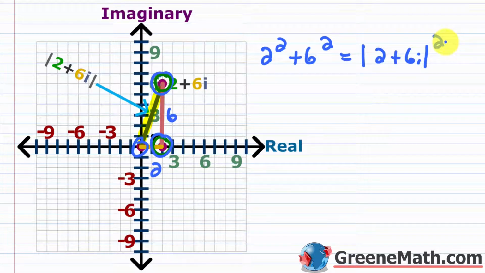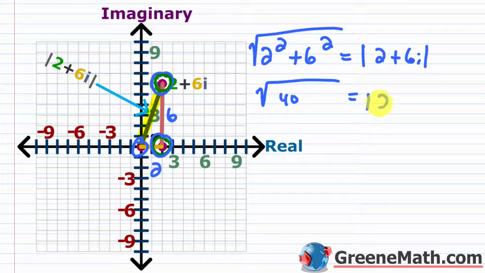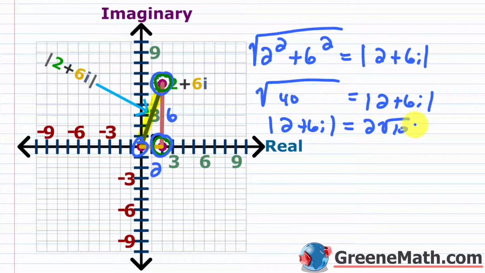The a squared plus b squared equals c squared. Well, if I take the square root of each side, then I'm back to my formula, which gives me the square root of 4 plus 36, which is the square root of 40. And again, we simplify that, so we know that in the end, the absolute value of 2 plus 6i is going to be 2 times the square root of 10, okay? So you can see that graphically or just from using your formula.